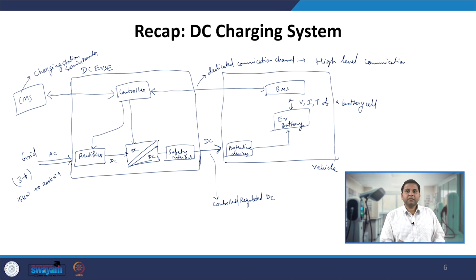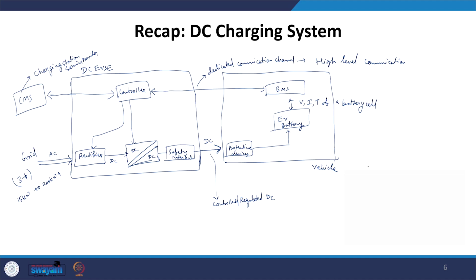That is why a lot of information related to battery status, temperature, current, SOC level, and voltage level of the battery has to be shared by the BMS to the supply equipment communication controller, SECC, and on this side you have the vehicle controller.